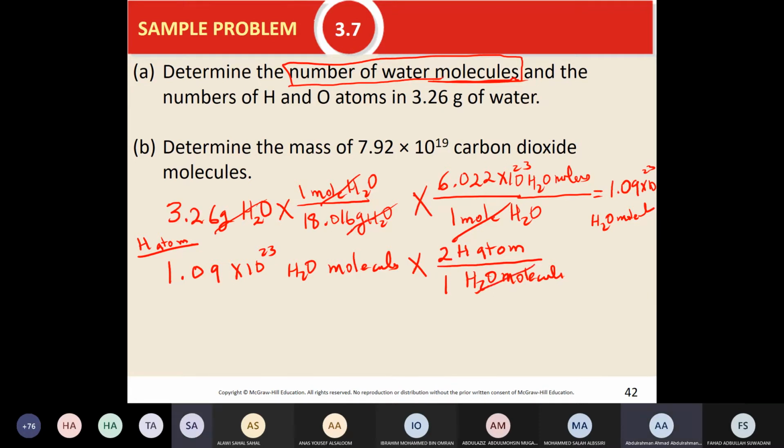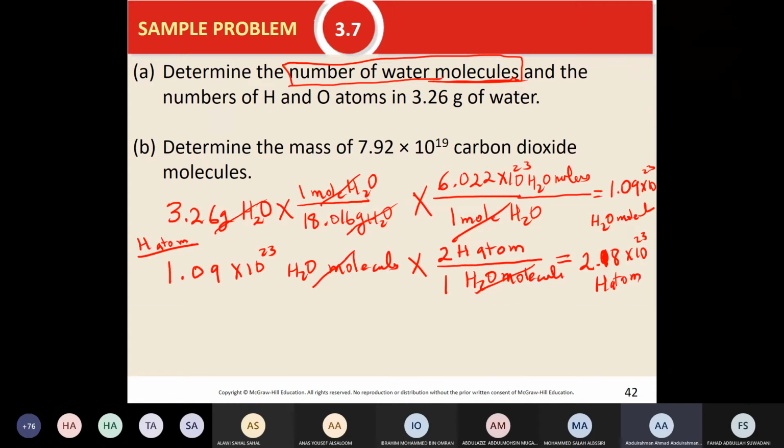Yes, it's correct. So what's the answer in this case? 2 times 1.09 times 10 to the power of 23, which is 2.18 times 10 to the power 23 H atoms.